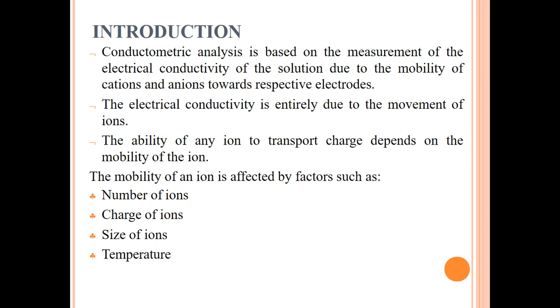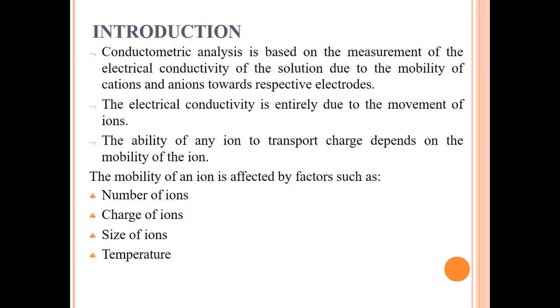Conductometric analysis is based on the measurement of the electrical conductivity of the solution, which arises due to the mobility of cations and anions towards their respective electrodes, like negative ions towards the positive and positive ions towards the negative.